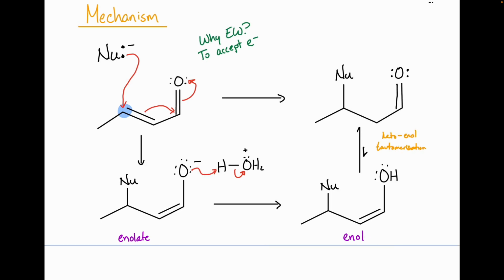Right, so we need that really good electron withdrawing group on that Michael acceptor in order to make that beta carbon electrophilic. It can then accept that pair of electrons to create that enolate ion. When we protonate that enolate ion, we just get an enol, but we know that enols are in this keto-enol tautomerization that very much so favors that keto product.